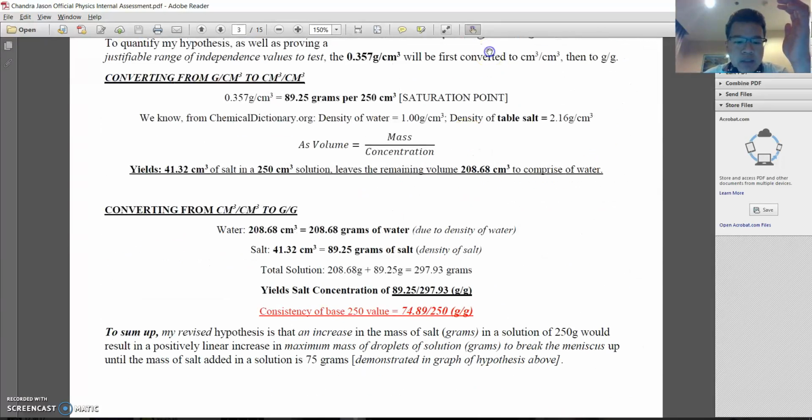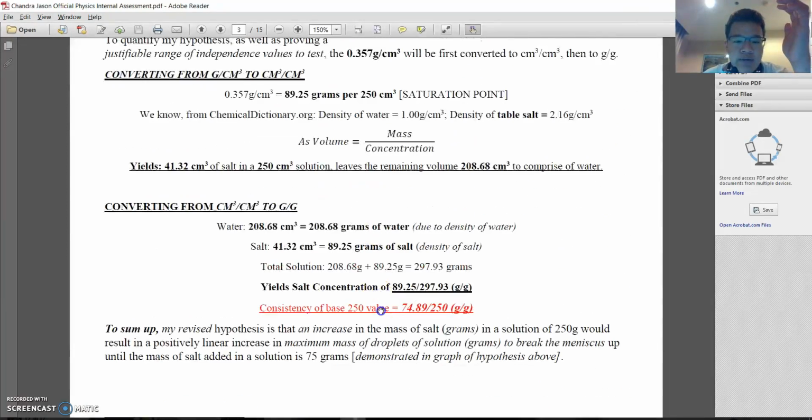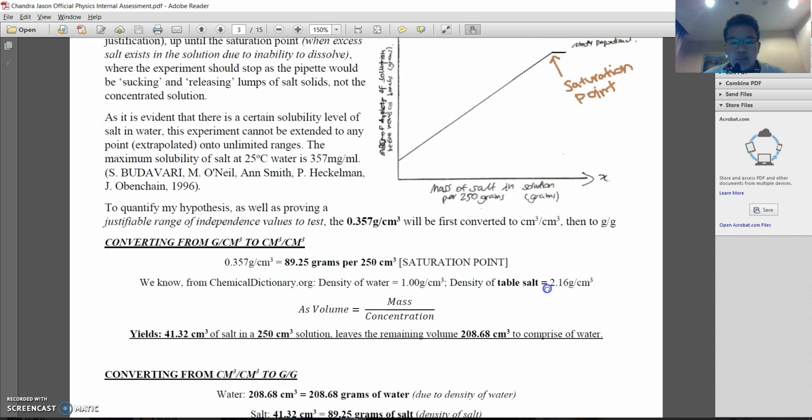So my hypothesis was that an increase in the mass of salt or concentration would result in a positively linear increase in maximum mass of droplets of solution to break the meniscus up until the mass of salt added in a solution is 75 grams, which is the saturation point.